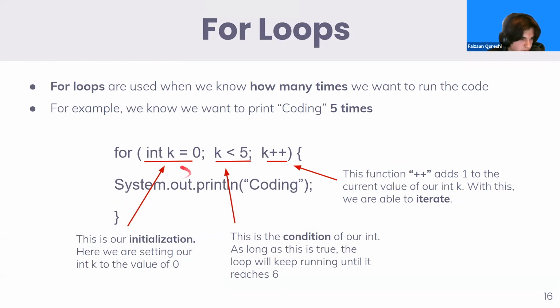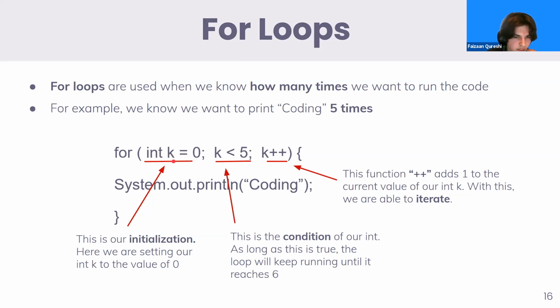Inside of the parentheses after the for, in between these two parentheses, is how we set up our loop. If we look at int k equals 0, we're initializing our integer to 0. Initialization is one of your vocab verbs. Initialization is just to set something to a certain value.